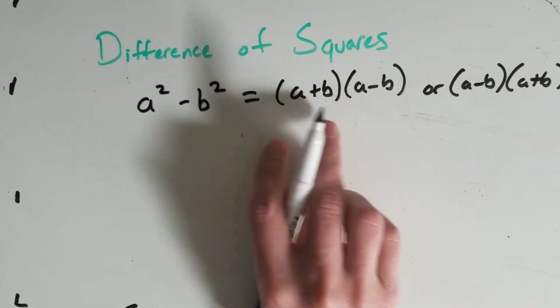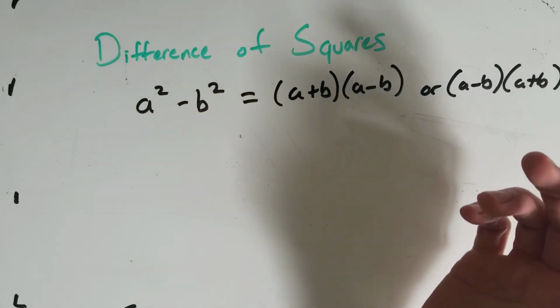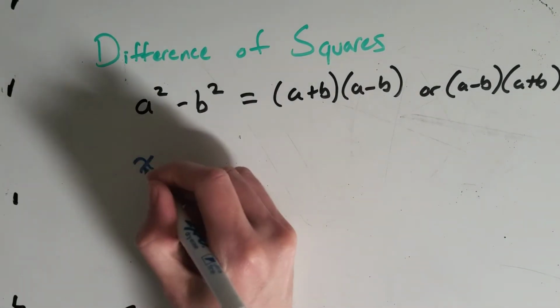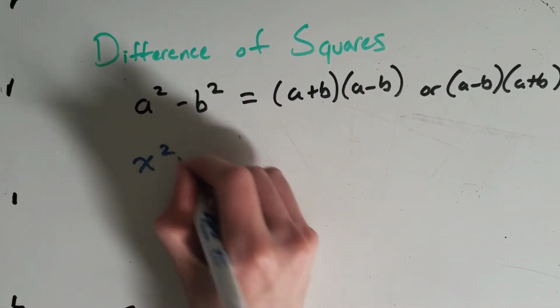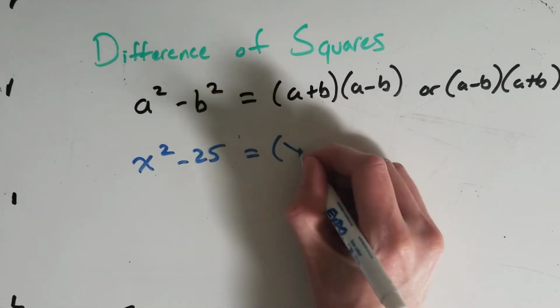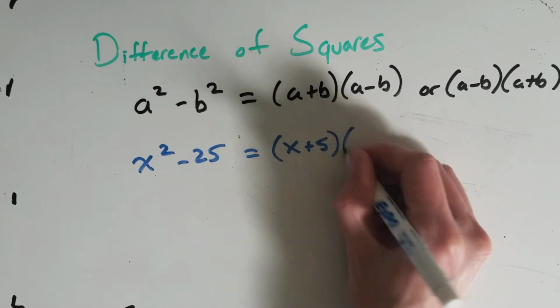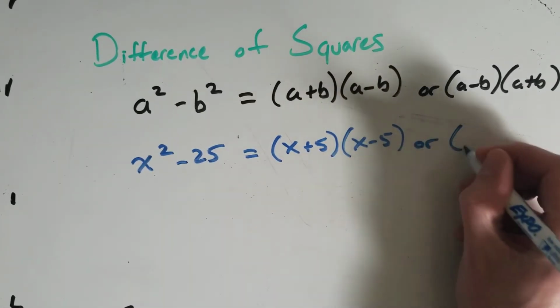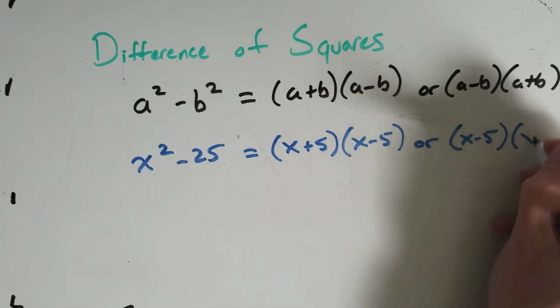You can change the order of the two binomials that you're multiplying together. An example of this that we have listed on the second slide is x squared minus 25. These are both perfect squares, so it would factor to x plus 5 times x minus 5, or x minus 5 times x plus 5.